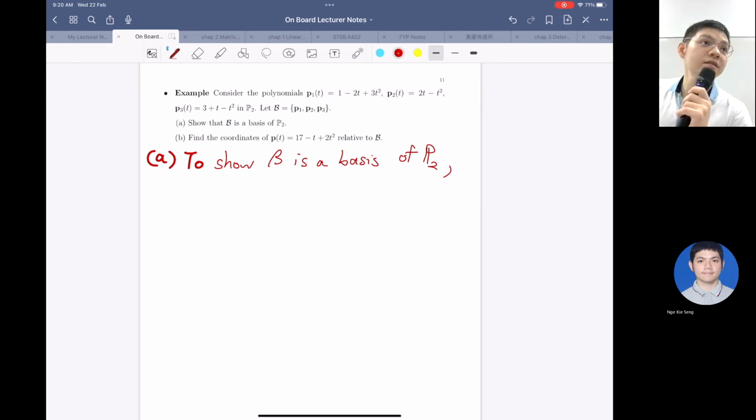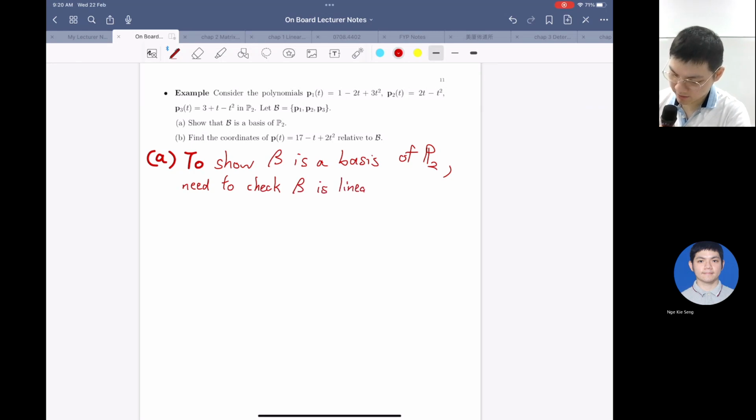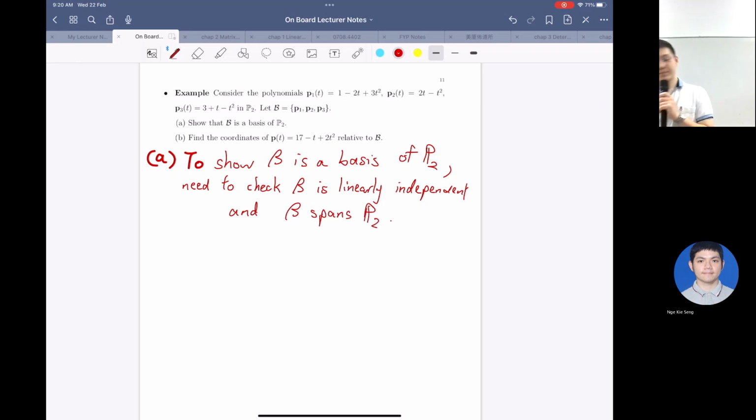You need to check two things: that B is linearly independent, and that B spans P2. So from just now, what did we learn?